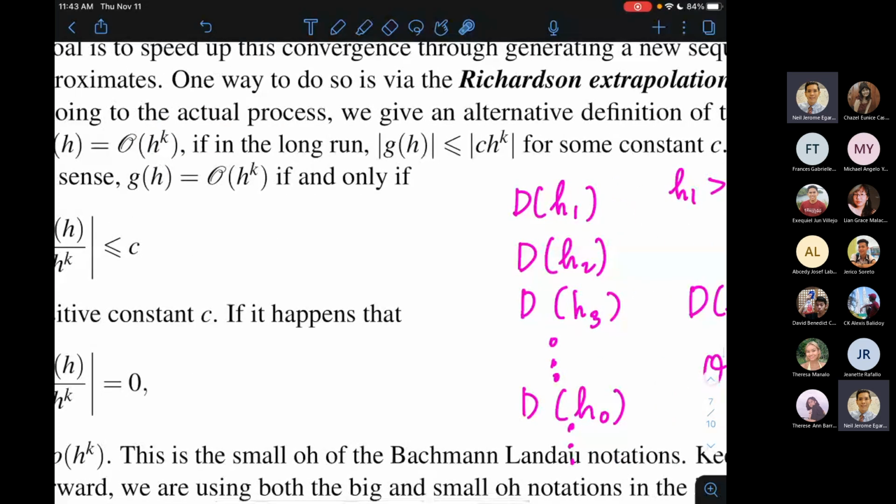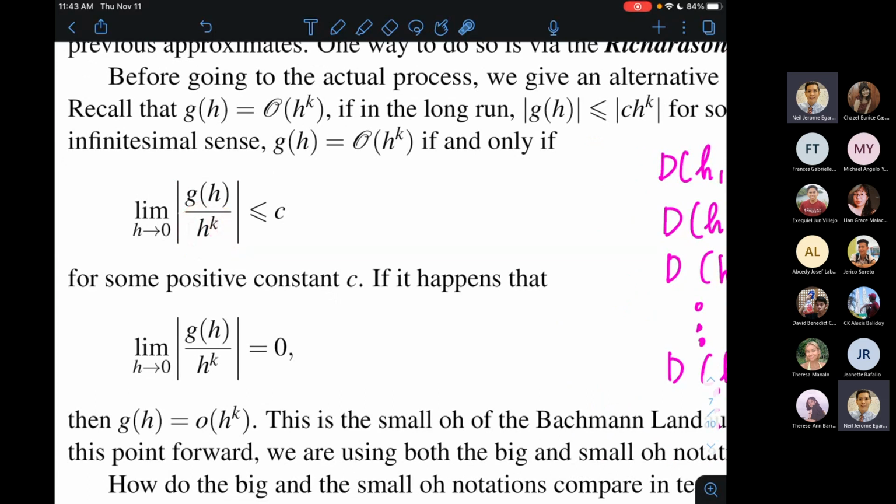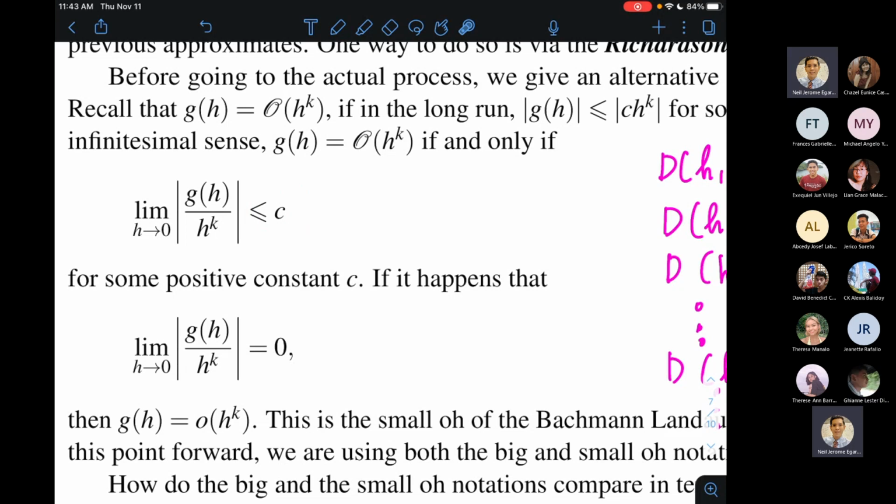Meaning, for large enough h or small enough h, depending on whether you're doing infinite or infinitesimal asymptotics, the magnitude of g of h is bounded above by a multiple of the magnitude of h to the power k. Sorry about that. That is equivalent to saying that the limit of the magnitude of g(h) over h to the k is bounded above by a constant c. This is the alternative definition of the Bachmann-Landau big O notation.